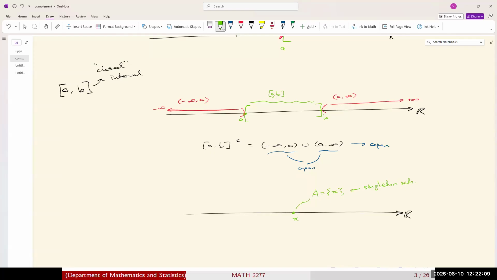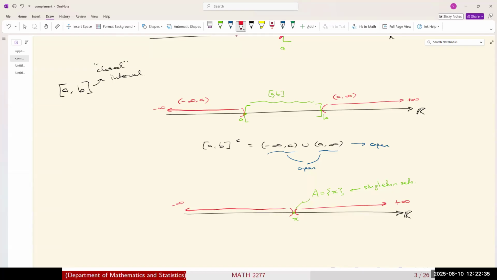Now, if I want to know whether or not A is a closed set, again, look at its complement. So the complement is everything outside. So it's everything from minus infinity going up to plus infinity. But remember, you do not count x, because x is in the original set.